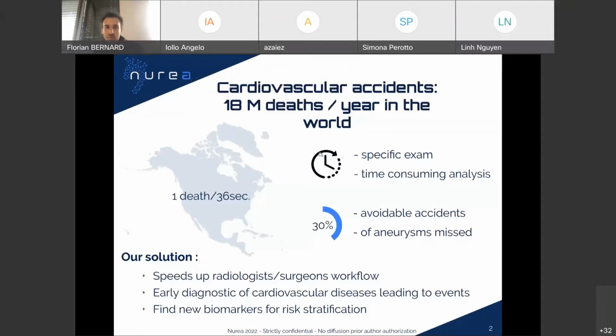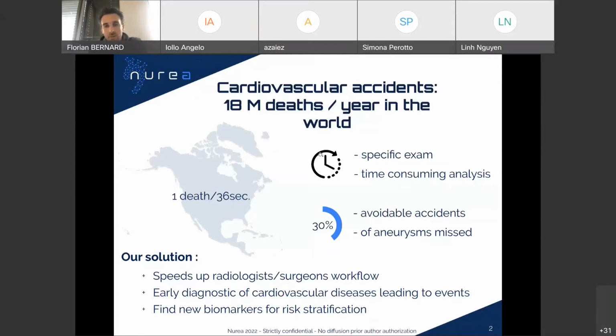One of the reasons why we are not able to anticipate these accidents is that these diseases are asymptomatic, meaning the patient has no symptoms until the accident. The exam to diagnose these diseases is a CT scan, which is not something you can do easily, and the analysis and interpretation of these scans are really time-consuming for physicians.